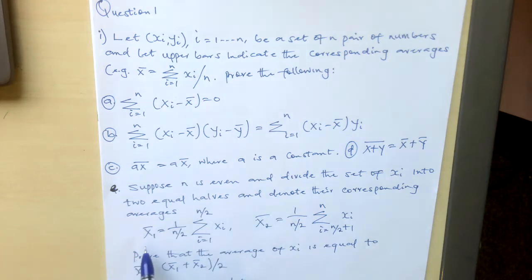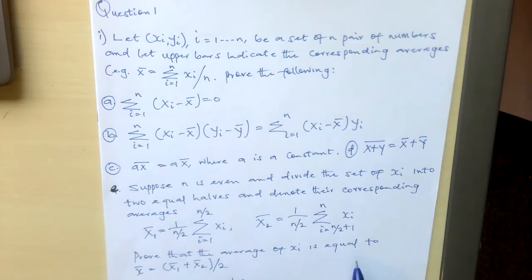So x1 bar equals 1 over n over 2 summation i equals 1 to n over 2 of xi, then x2 bar equals 1 over n over 2 summation i from n over 2 plus 1 to n of xi, of course. So to prove that the average of xi, x bar, equals x1 bar plus x2 bar all over 2.